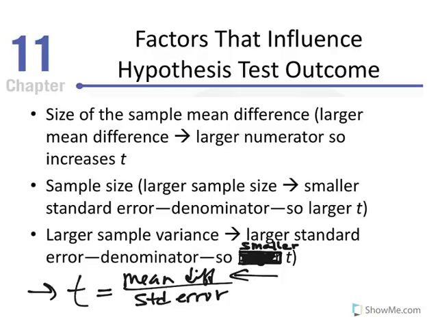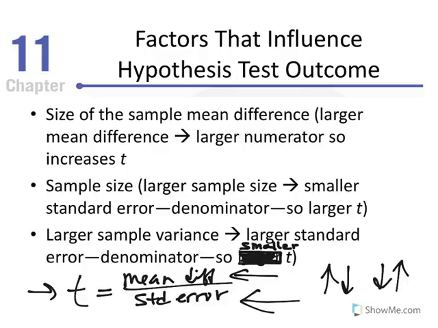The two other factors are variability of the scores and the size of the sample, which both influence the magnitude of the estimated standard error in the denominator of the t-statistic. So now we're talking about this value. Specifically, the standard error is inversely related. Inversely means as one goes up, the other goes down, or as one goes down, the other goes up, just to clarify what that means.